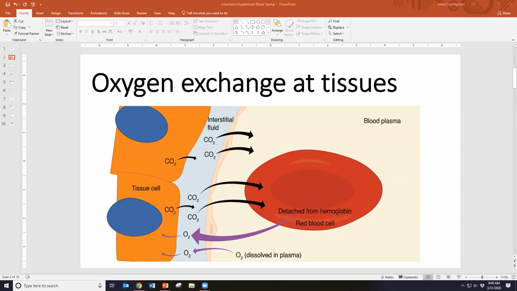Let me take that back. So what I mean by that is there's no direct questions about this slide or blood typing in general, but we will have questions about inheritance of blood types.